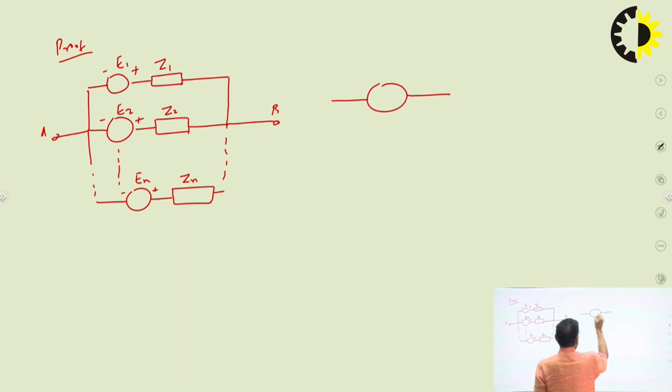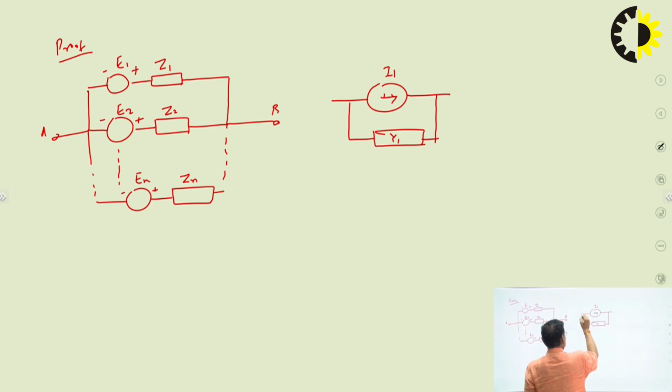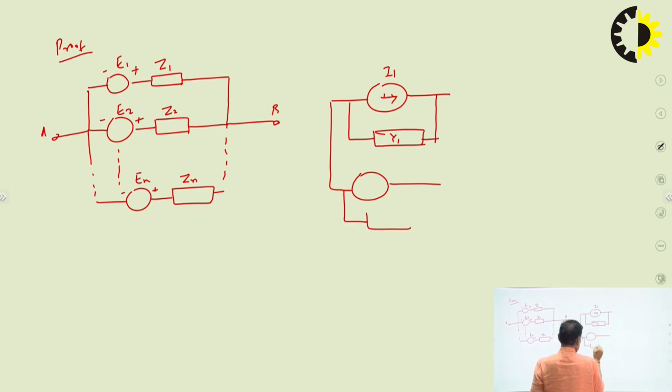Say this is your I1, this is your Y1. Similarly, we can write this is your I2, this is your Y2.